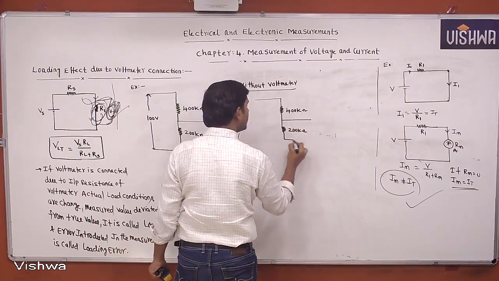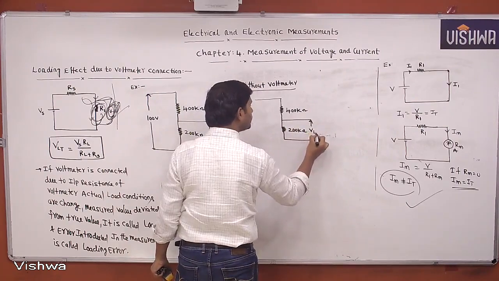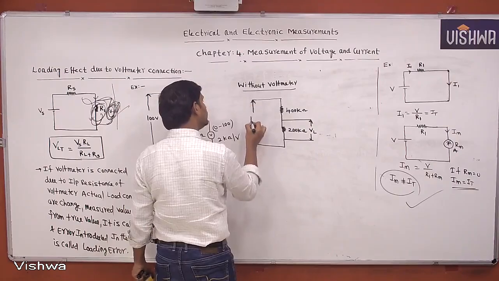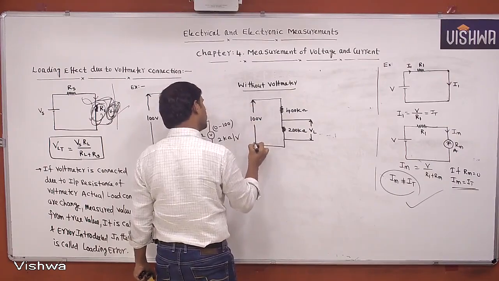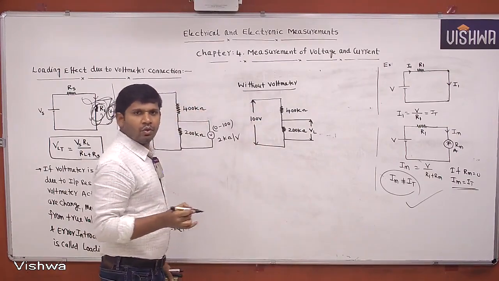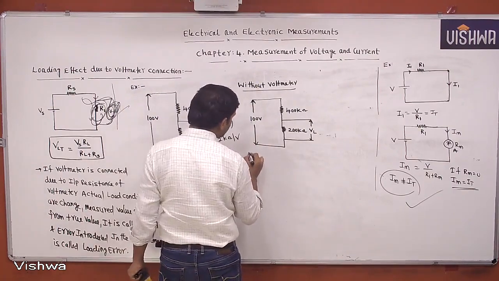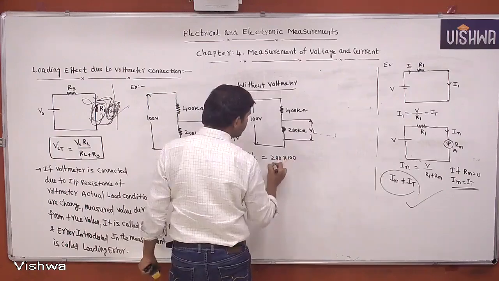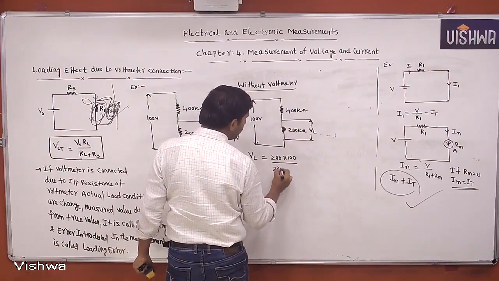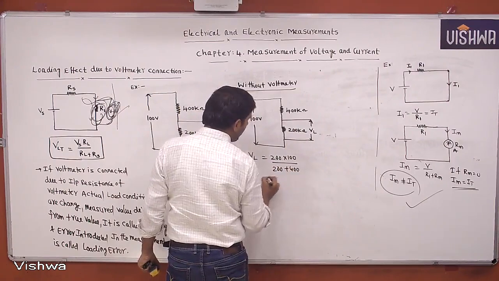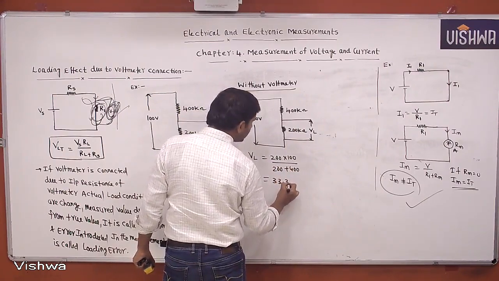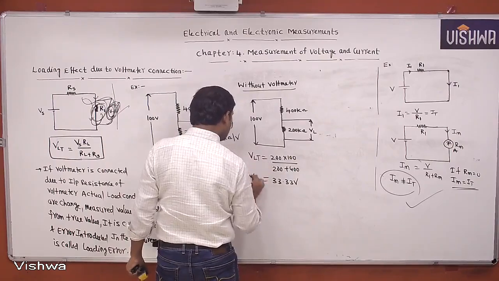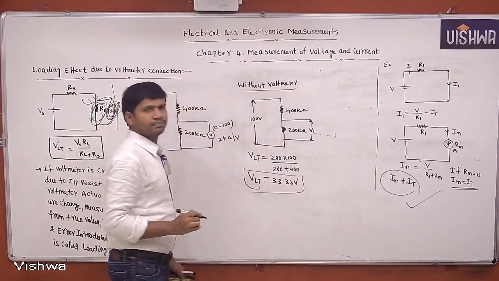Across this we are measuring the voltage, and this is 100 volts. Now what is the voltage across 200 kilo ohms? VL equals 200 into 100 by 200 plus 400, by the voltage divider rule. How much can we get? 33.33 volts. This is the true value because we are not considering the voltmeter.